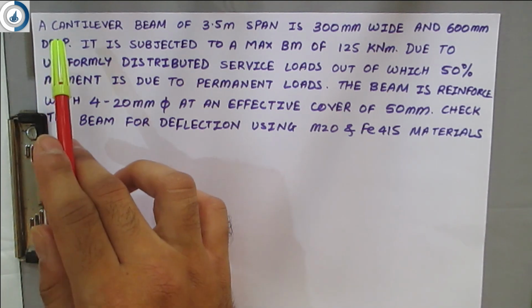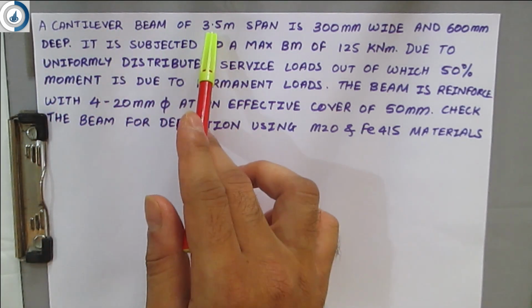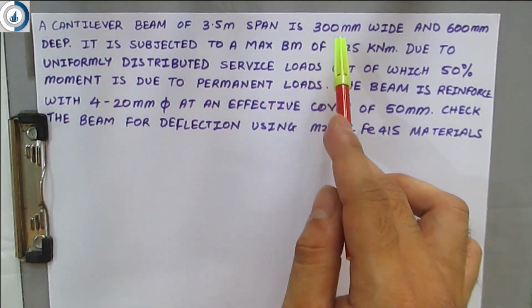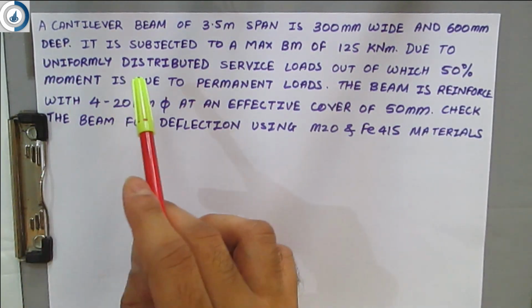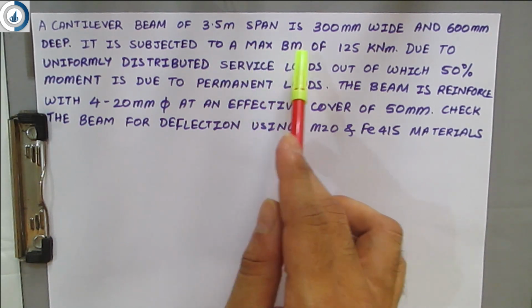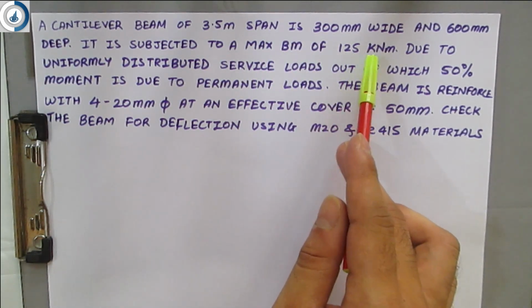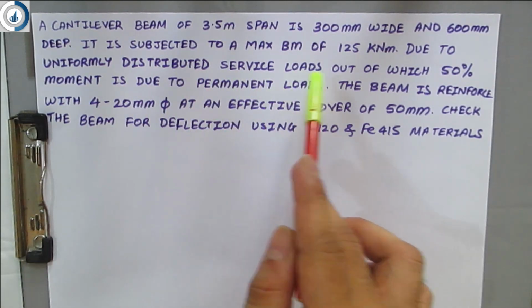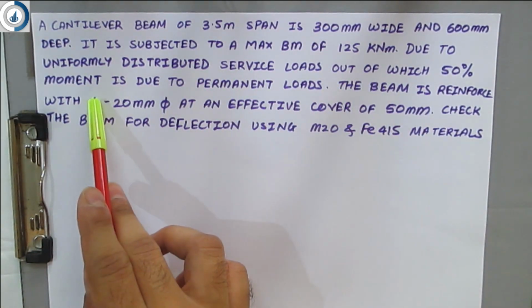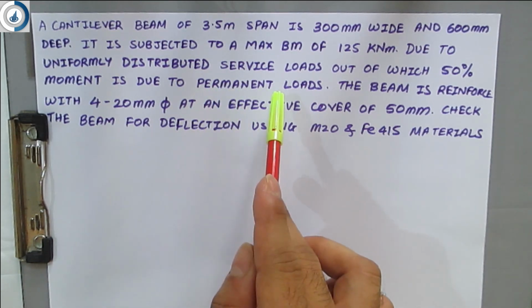So the problem given is a cantilever beam of 3.5 meter span, 300 mm wide and 600 mm deep. It is subjected to a maximum bending moment of 125 kilonewton meter due to uniformly distributed service loads, out of which 50% moment is due to permanent loads.